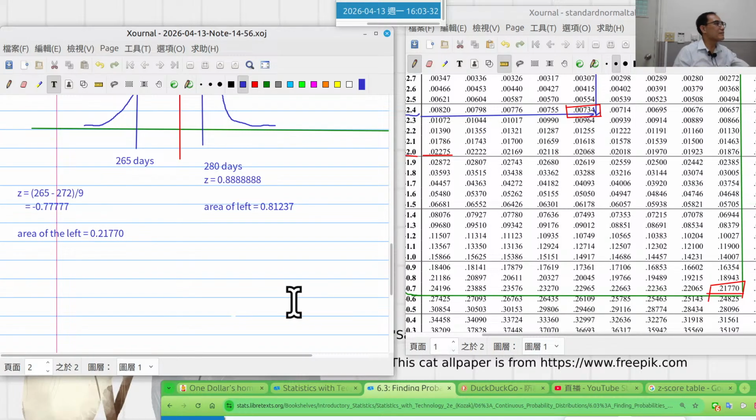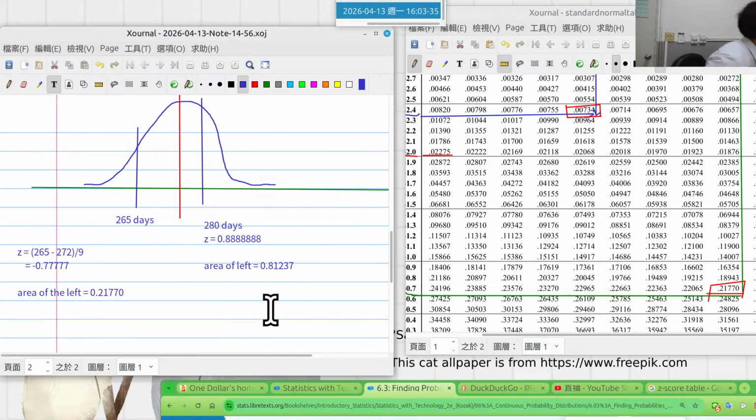So far okay. We check the table. We know the area on the left side of the 280 here. That is 0.81237, and for 265, the z-score is minus 0.777, and the left area 0.21 is about this.